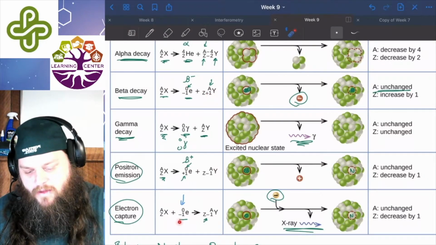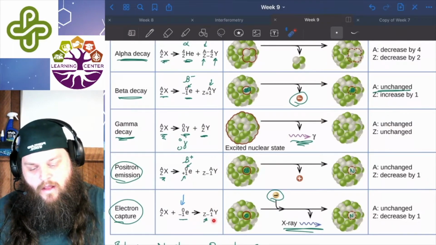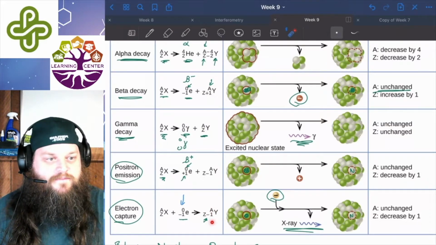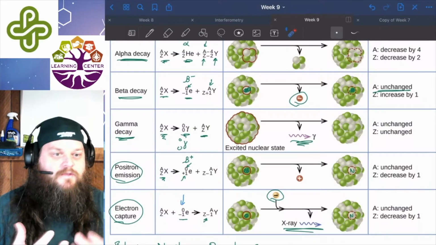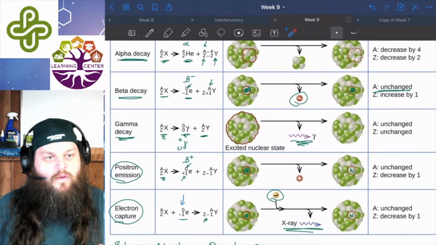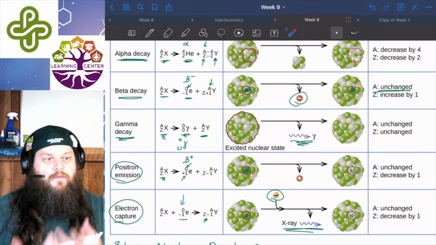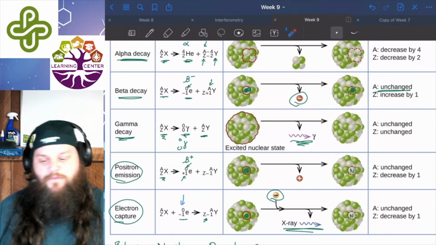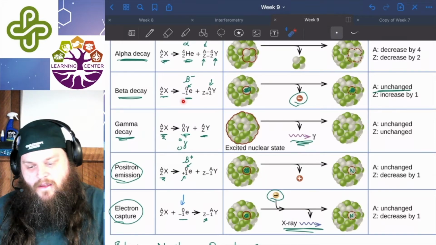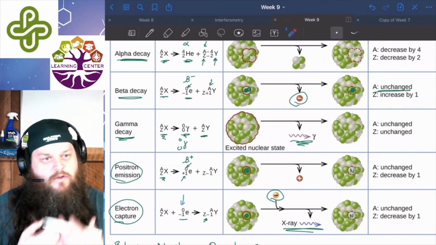But down here with the electron capture, since it's grabbing onto an electron, the new element is a Z -1. So it depends on where that electron is going. Is it going into the atom? In which case the resulting new element is going to have a Z -1 because we've just turned a proton into a neutron. Versus the beta decay, when the electron is leaving an atom. So in that case, it's turning a neutron into a proton.